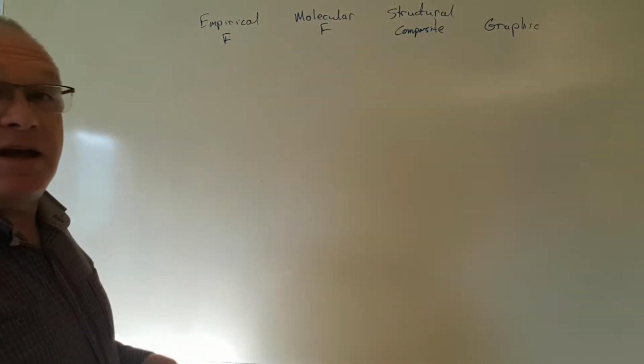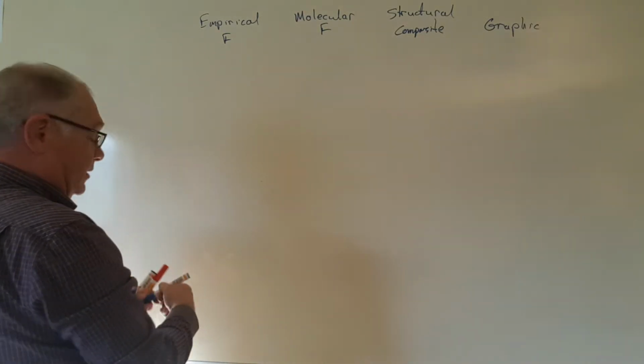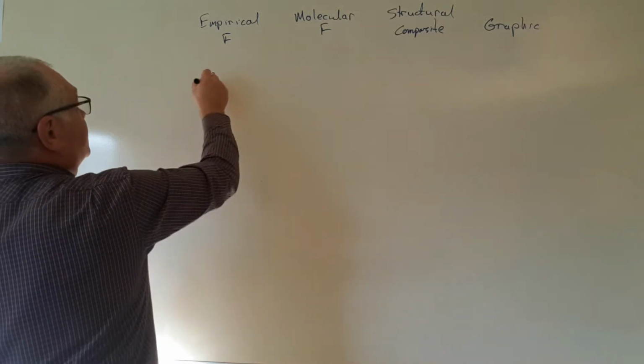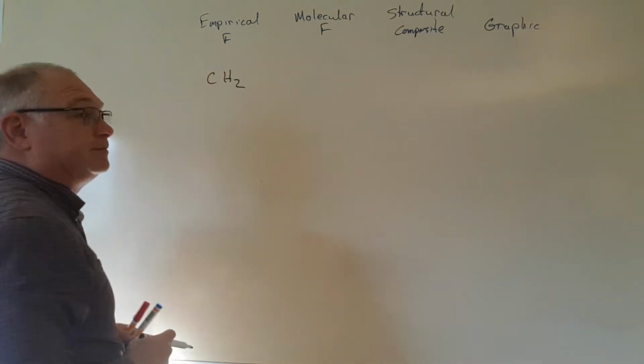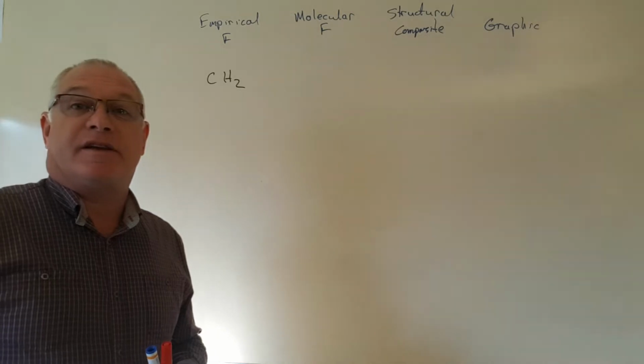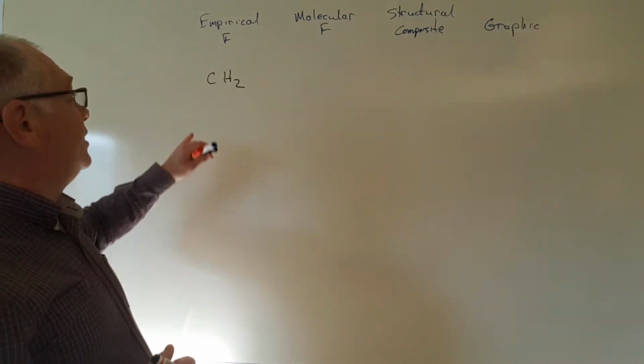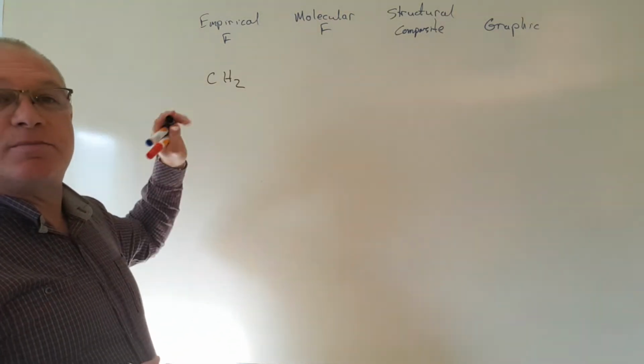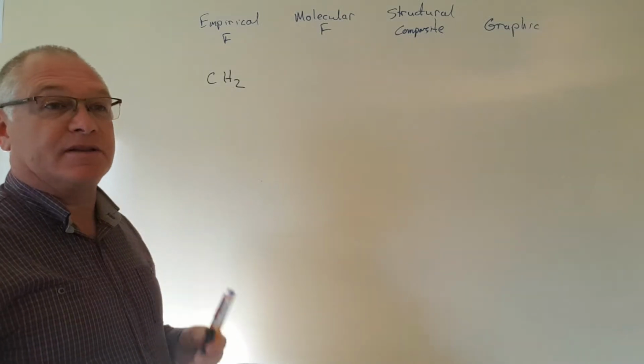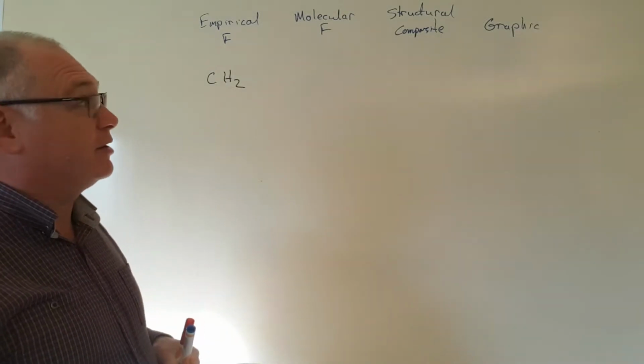So we might come up with an empirical formula, for example, CH2. What is the empirical formula? The empirical formula is the lowest possible ratio of the elements in a particular molecule.